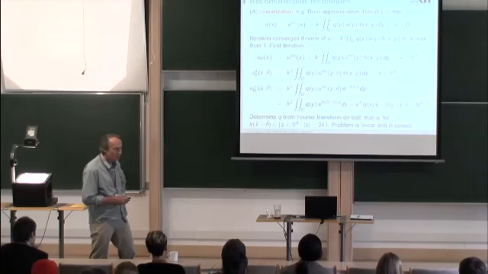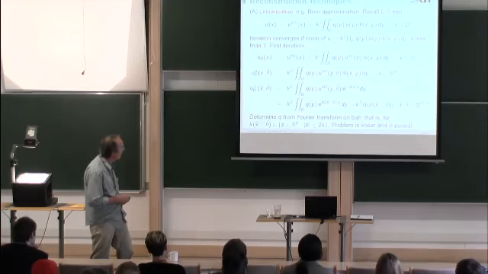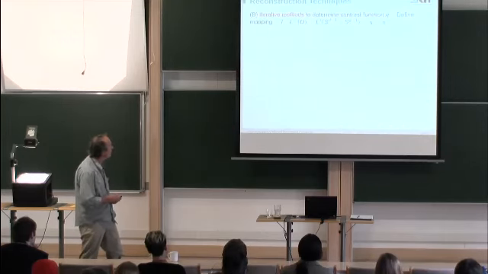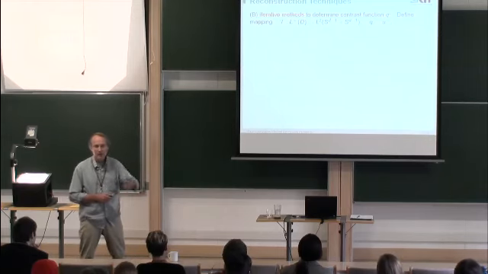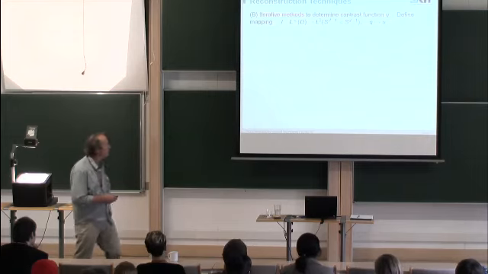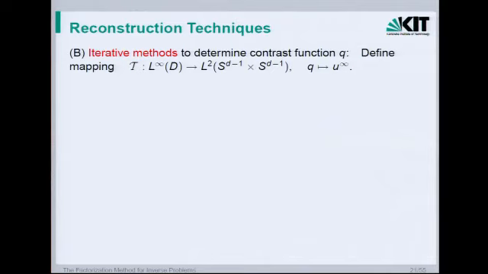Okay, but I wanted to discuss the Born approximation now, before we come back to it when we look at the factorization method. The second approach is just the iterative methods. That's the way Rainer Kress' talk yesterday went in this direction, but now it's here for the inhomogeneous medium case.